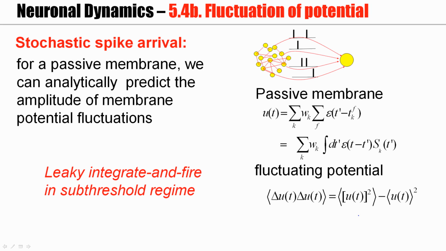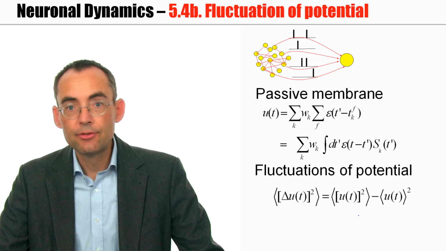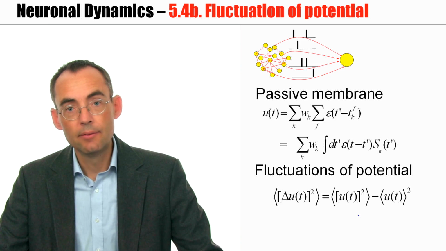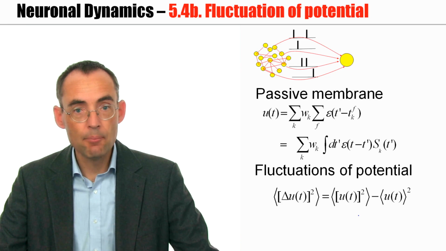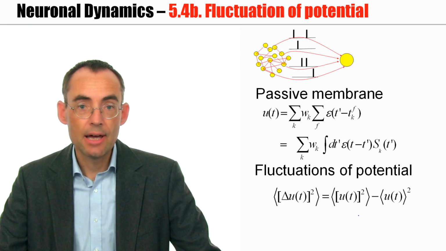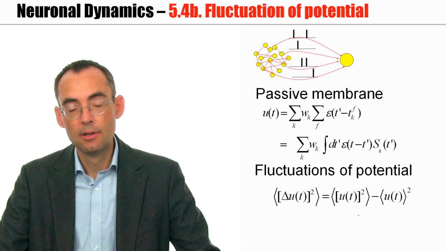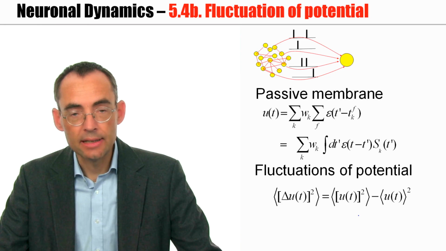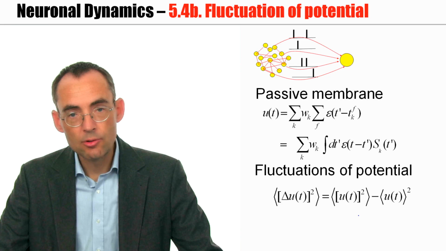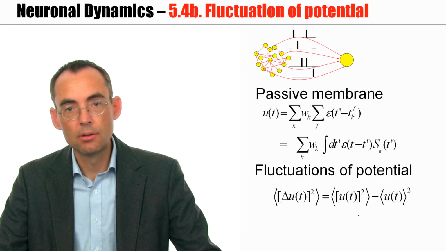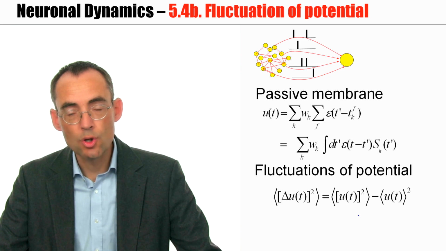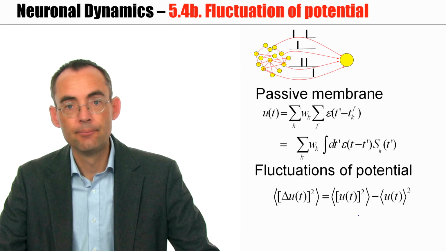And this is in particular true for the leaky integrate-and-fire model in the subthreshold regime. So, if I have a leaky membrane, more generally, if I have some passive membrane, if I have a passive dendrite, then I can calculate the fluctuations of the membrane potential in the presence of stochastic spike arrival.